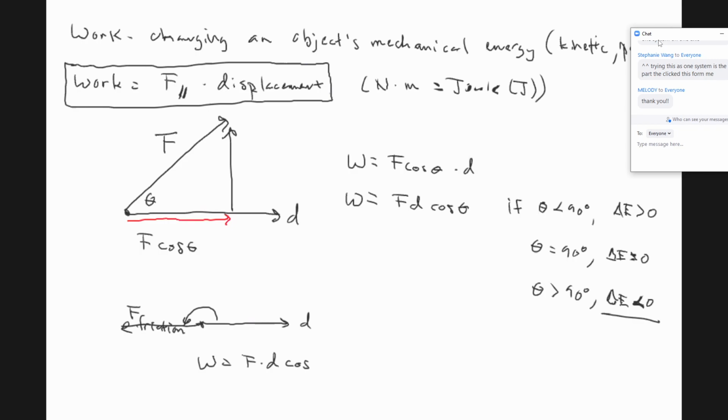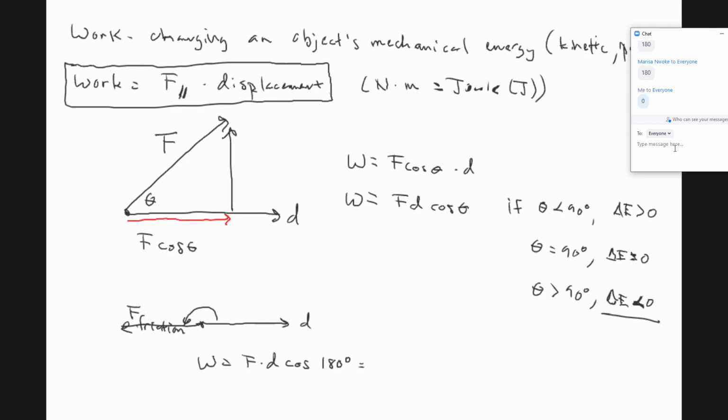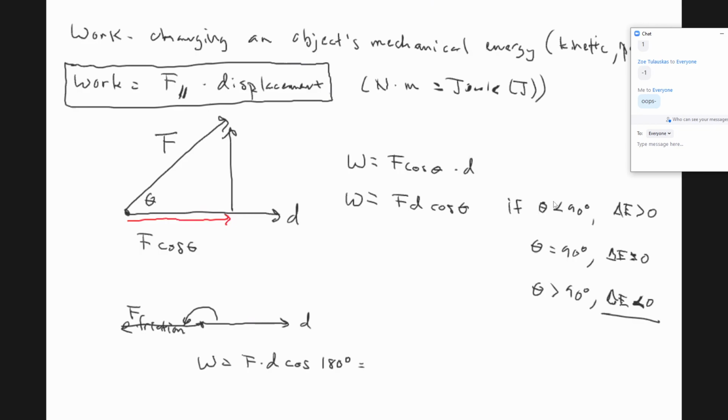Between friction and displacement? 180. So what's cosine of 180? Look at your helpful right triangles, Jonathan. And your unit circle. I expect you guys to know this. Correct, Zoe. That's -1. So that's how you get negative work.